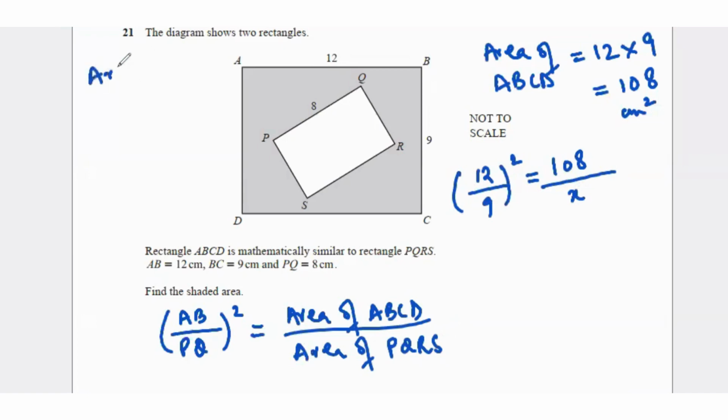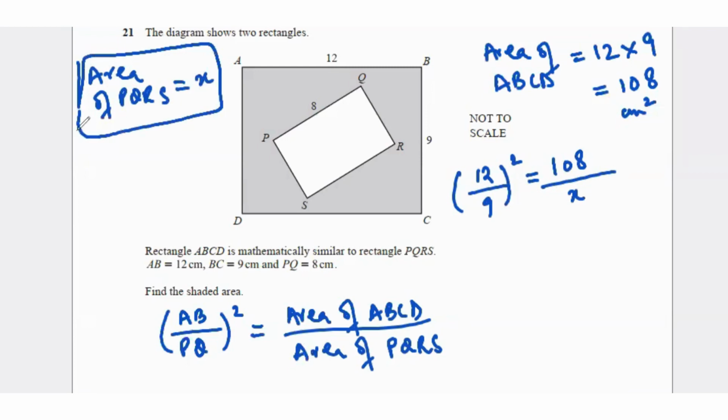I'm going to write that over here. The area of PQRS is taken as X. So that's 144 over 64 equals 108 over X. Cross multiply to make X the subject.